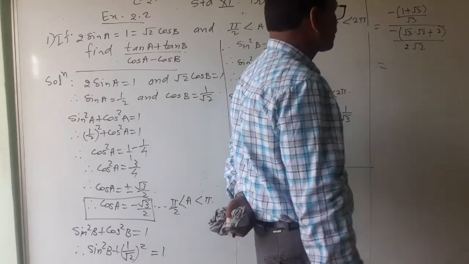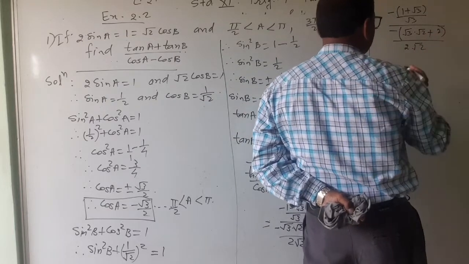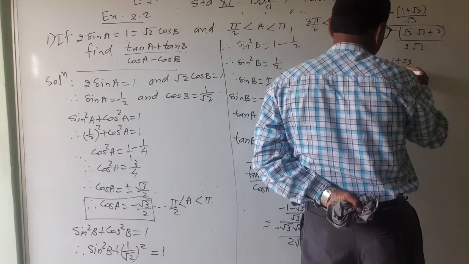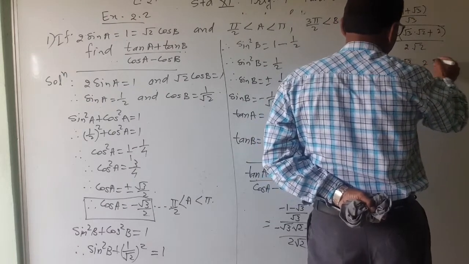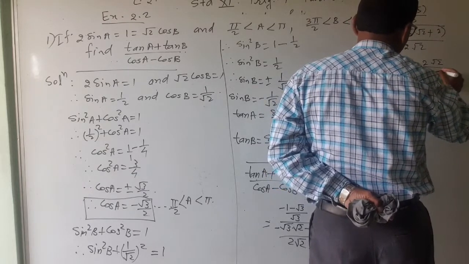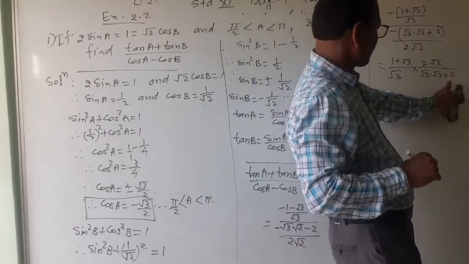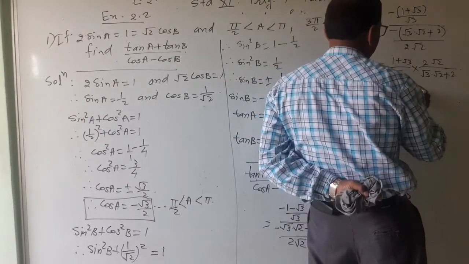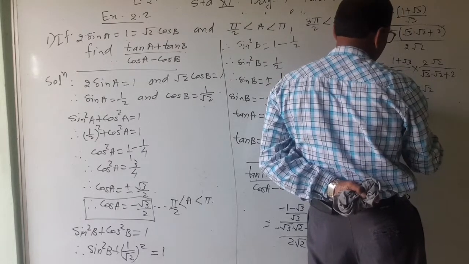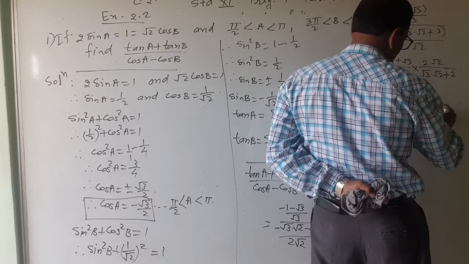Divided by means flip it upside down, and this minus minus gets cancelled. So 1 plus root 3 upon root 3, into 2 root 2 upon root 3 into root 2 plus 2.